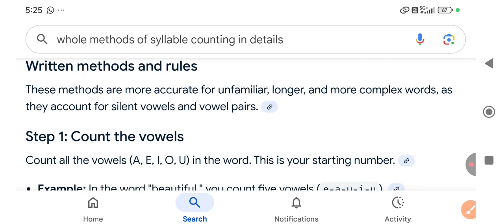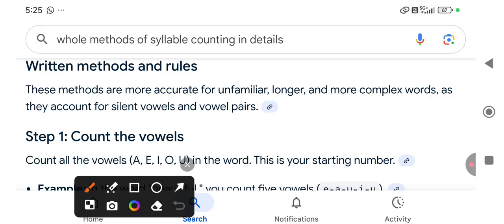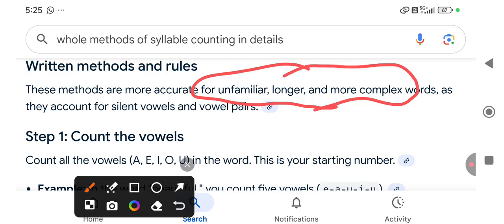But the written method is used for words when these methods are more accurate for unfamiliar, longer, and more complex words, right? So tough words we can say, which are not used frequently, and little bit longer words, right, complex words. For these words, written methods are very useful, because we have to learn rules, right?